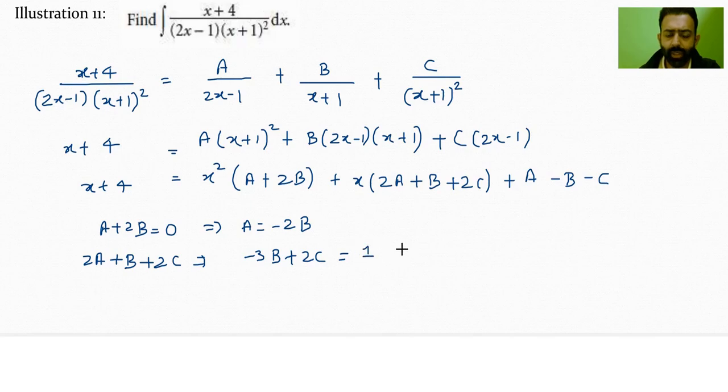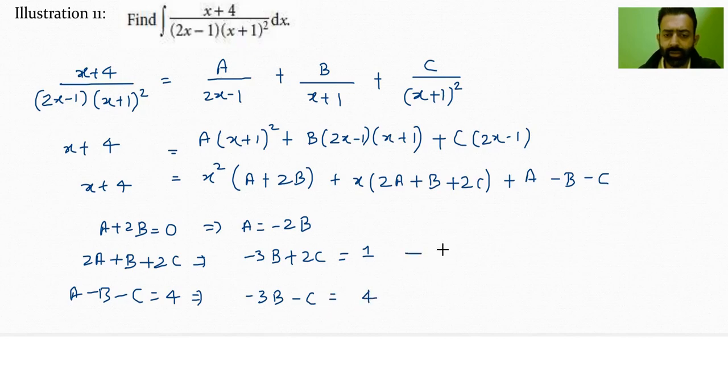This is equation number 2. And A minus B minus C is equal to 4; substituting A as minus 2B, minus 3B minus C must be equal to 4.